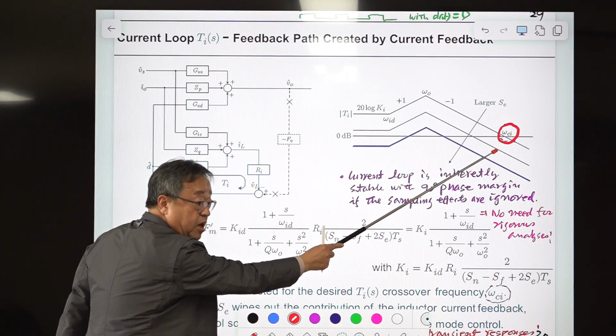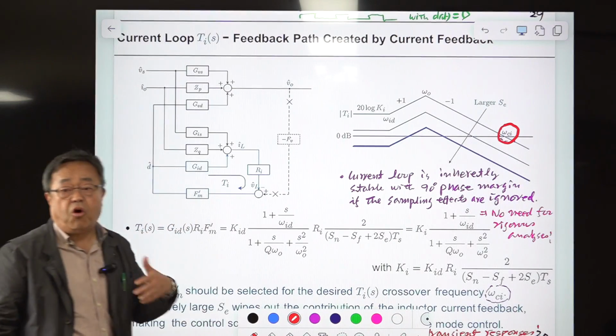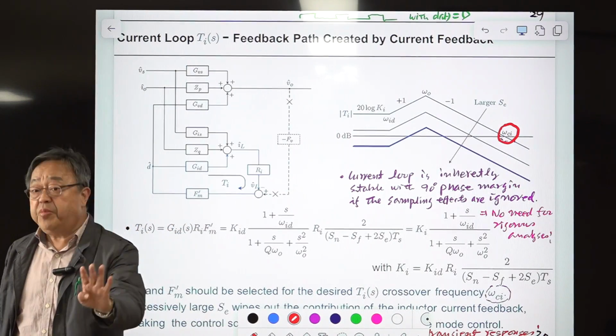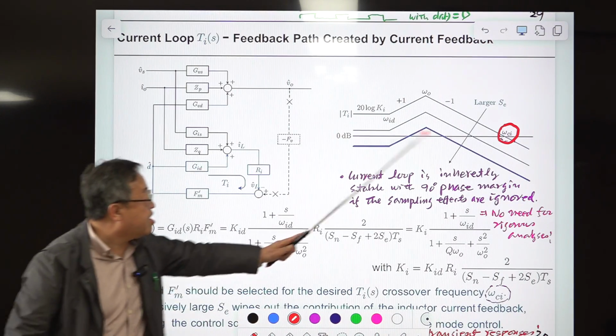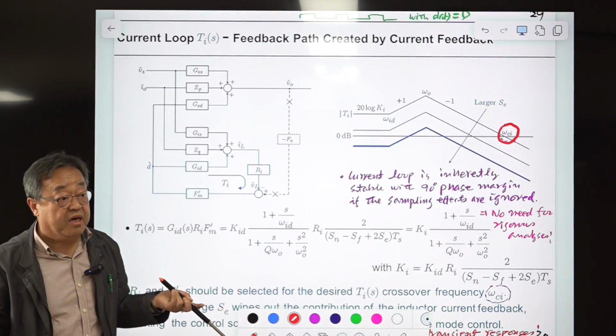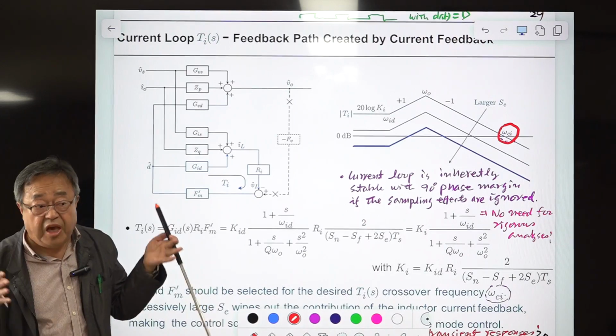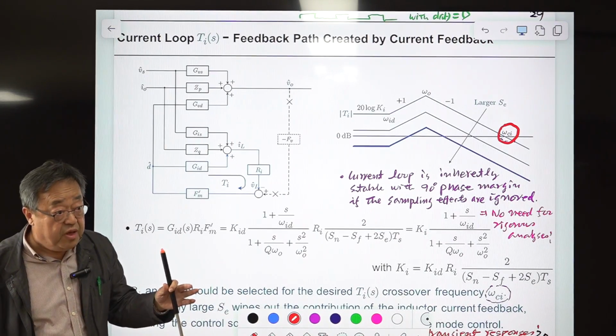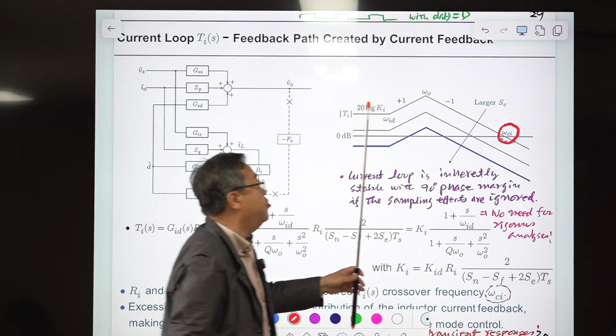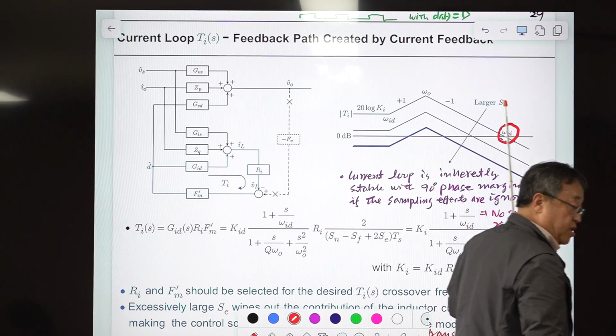So eventually, current mode control is determining F_M, determining S_n, and determining this one. They are the same thing, the same statement with different expressions, and the only problem is determining this.